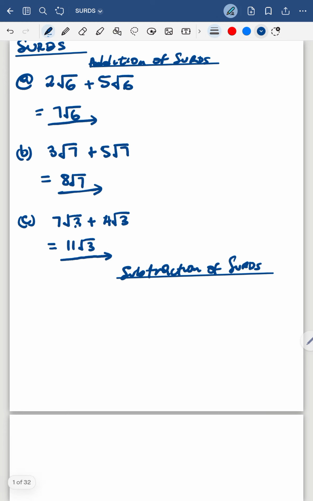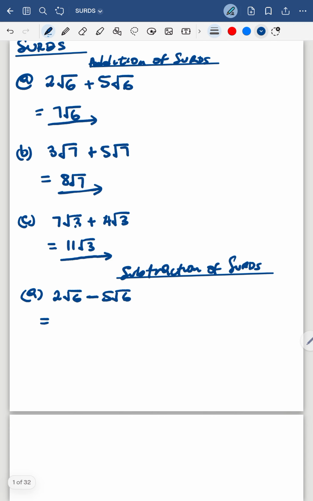Okay, it's still the same thing, if we're going to use the same examples. If we have 2 root 6 minus 5 root 6, you're going to have 2 minus 5.